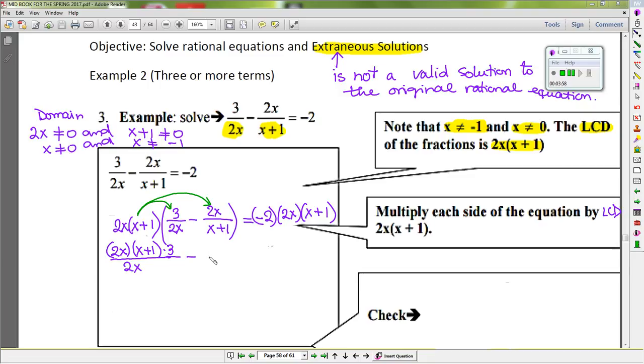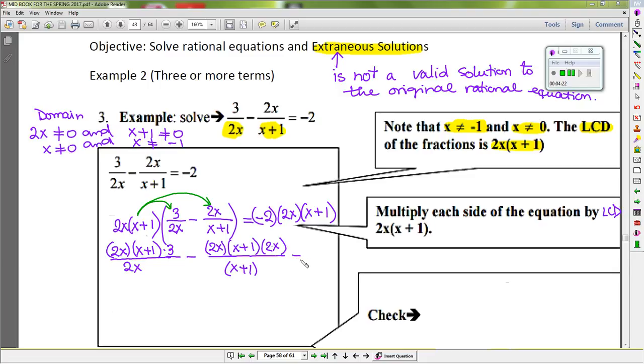And then the second fraction. I will have 2x times x plus 1 times 2x over x plus 1.